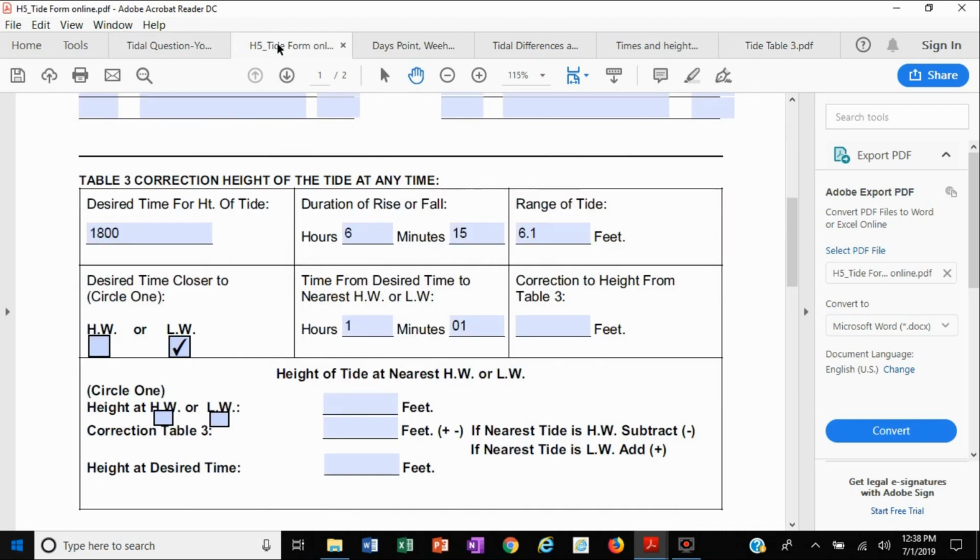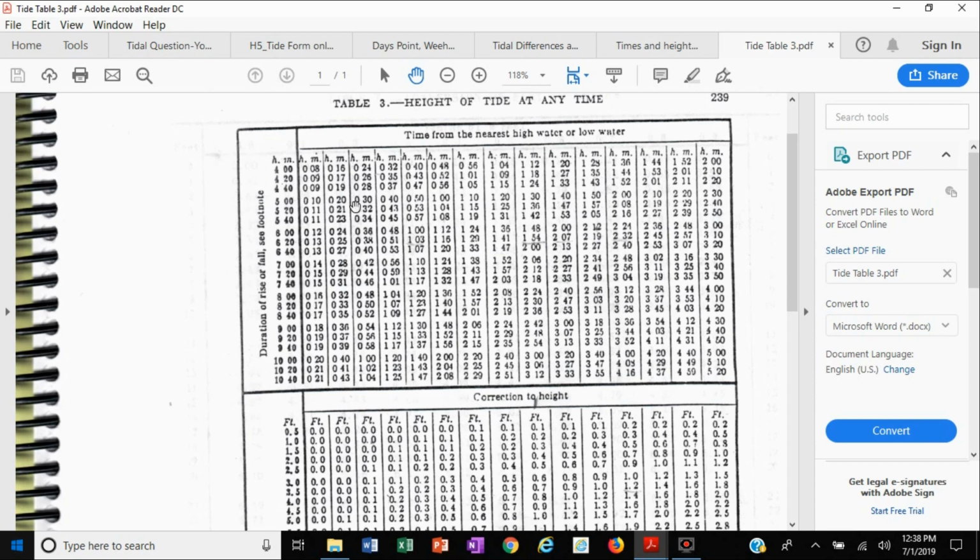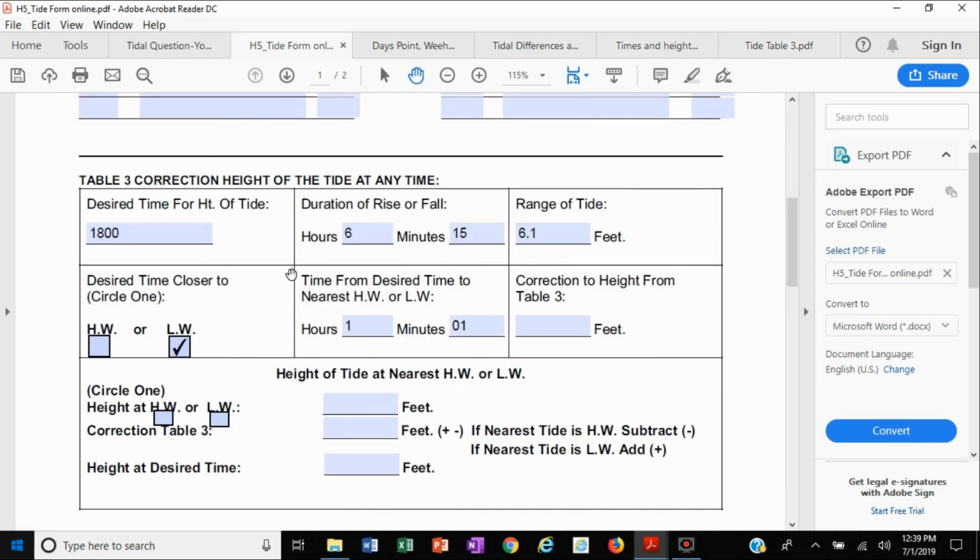Well, let's look at our tide form. The duration of rise and fall is 6 hours and 15 minutes. Okay? So getting back to table 3, 6 hours and 15 minutes is closest to 6 hours and 20 minutes right here. Now it wants the time from the nearest high or low water.